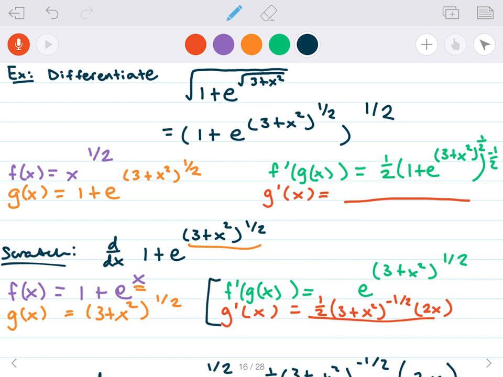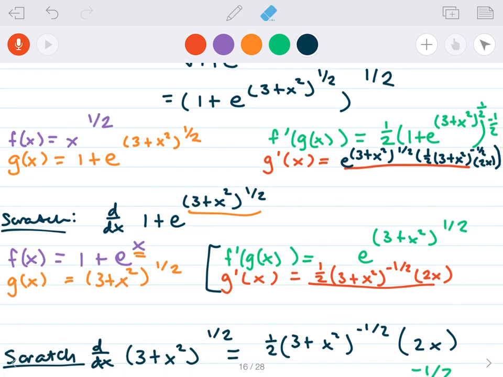So this is going to be e to the 3 plus x squared to the 1/2, multiplied by 1/2 times 3 plus x squared to the negative 1/2 times 2x. All right. So that was a lot of work, but now we're on to our final step.